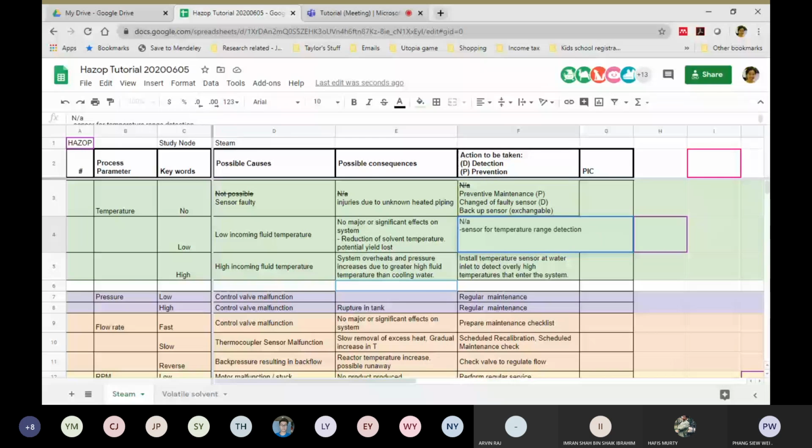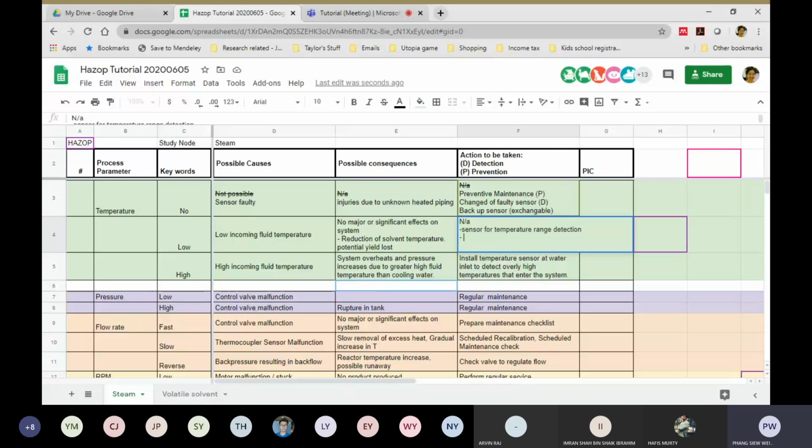Probably a regular checkup on the incoming temperature. Well, if you have a sensor, you don't need a regular checkup anymore. So if you have this, what are you going to do with the information to know that you have a low incoming temperature?